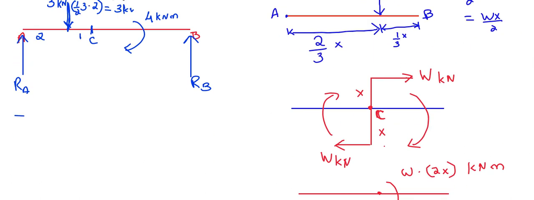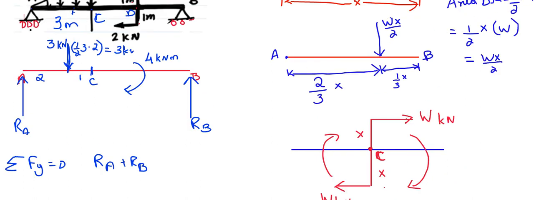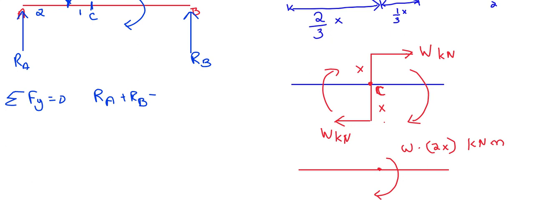So taking sum of Fy equal to 0, both of them are going up, RA plus RB, and the point load of the uniformly varying load is acting down, minus 3 is equal to 0.